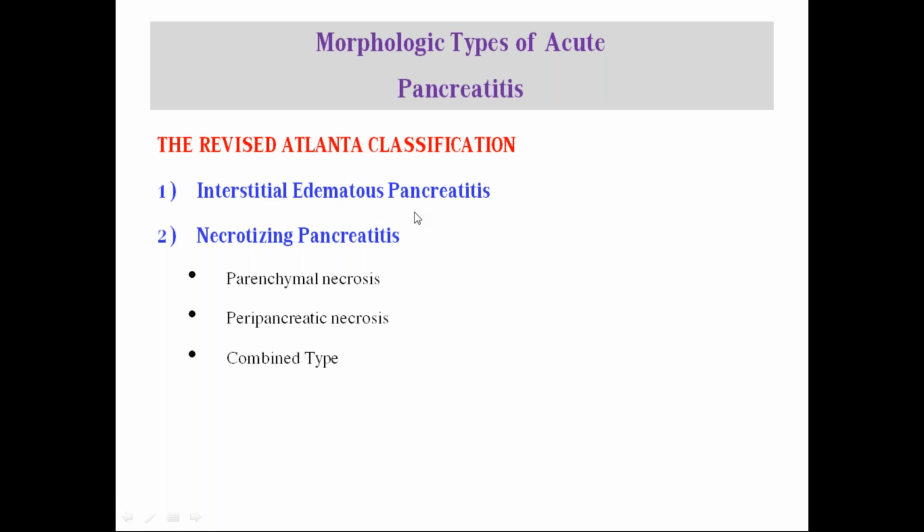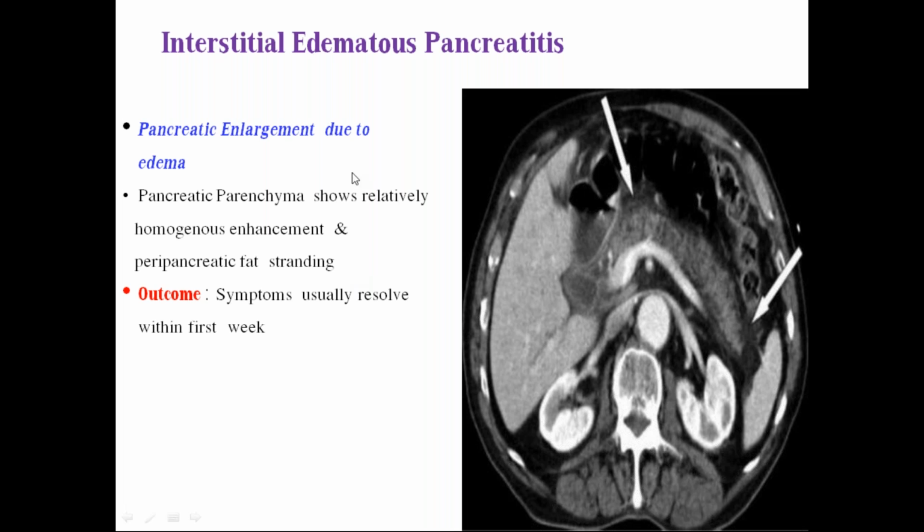Interstitial edematous is seen commonly in gallstones, and necrotizing pancreatitis in alcoholism. Interstitial edematous means, because of reactive edema, the pancreatic parenchyma shows homogeneous enhancement and peripancreatic fat stranding. It has better outcomes; in one week to 10 days, the symptoms usually resolve.